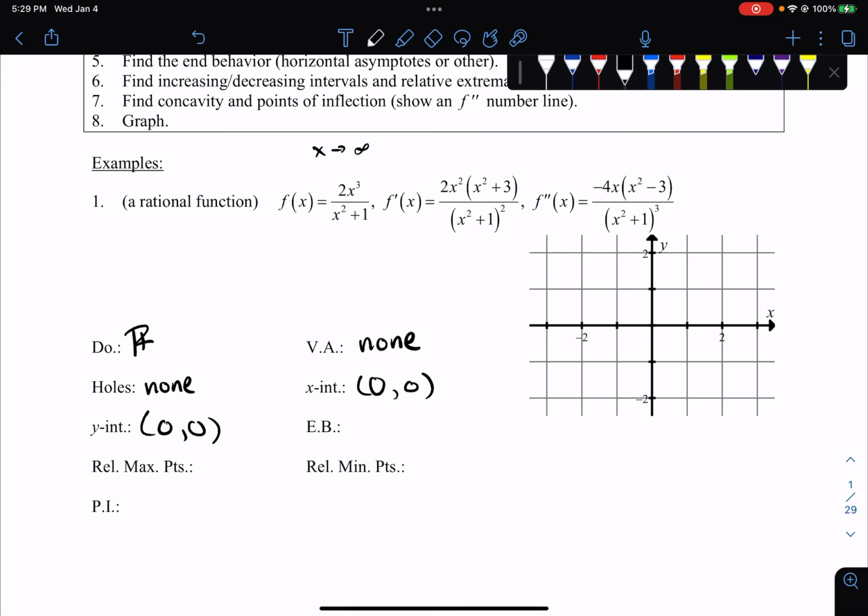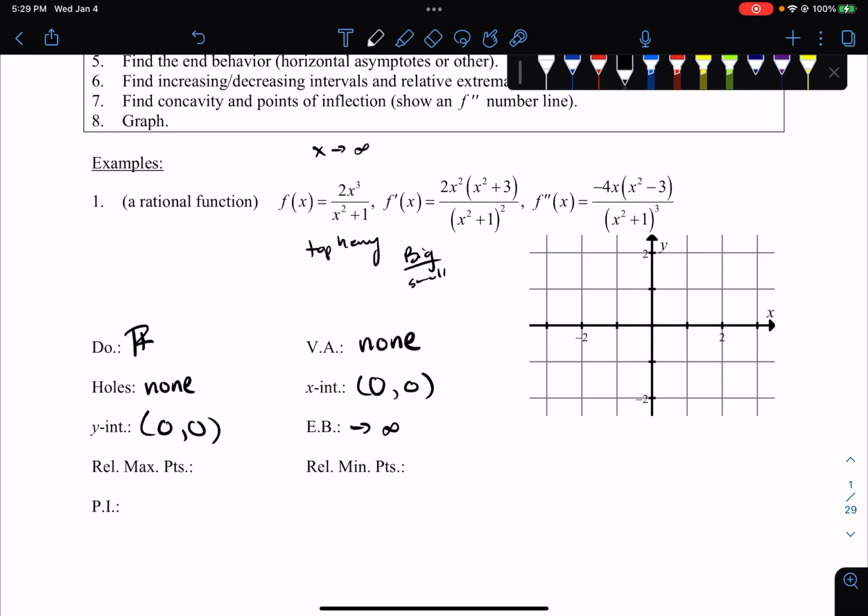So this is top heavy, which means I'm going to end up with something really big on top and something really small on the bottom, which means that as I go to the right, my function is going to approach infinity. It's going to get really, really big.